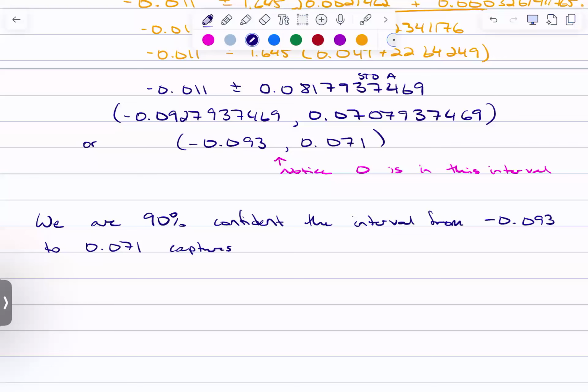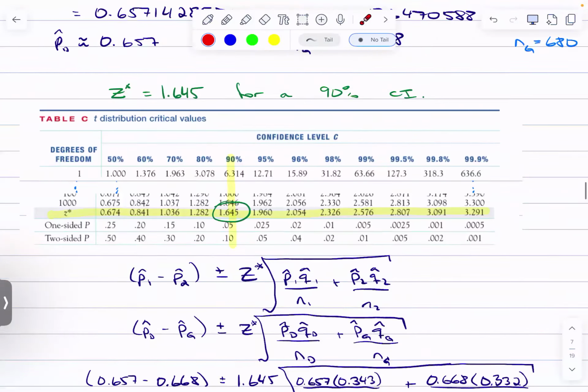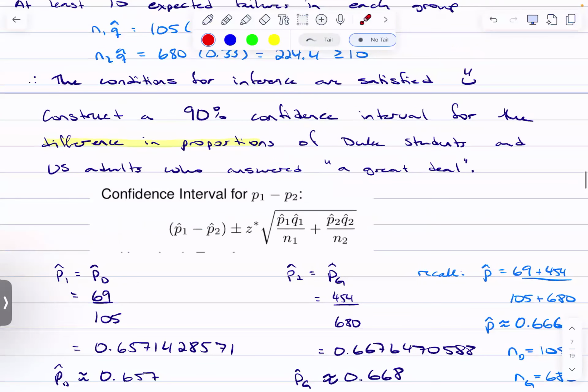Here's where we're into kind of foreign territory a little bit, although not really, because we're just going to grab whatever the question was asking for, right? Build a 90% confidence interval for, and now we have built it, and now we're 90% confident that this interval captures the difference in proportion of Duke students and US adults who answered a great deal.